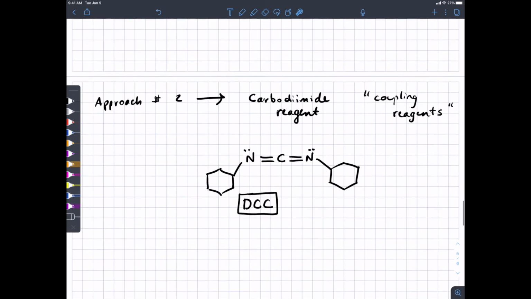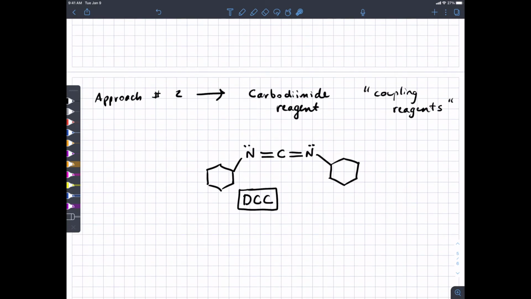Usually, along with DCC, we use a non-nucleophilic base, because there are going to be protons that need to be removed to push the reaction forward, but we don't want this base to be anything that can attack the activated carboxylic acid.